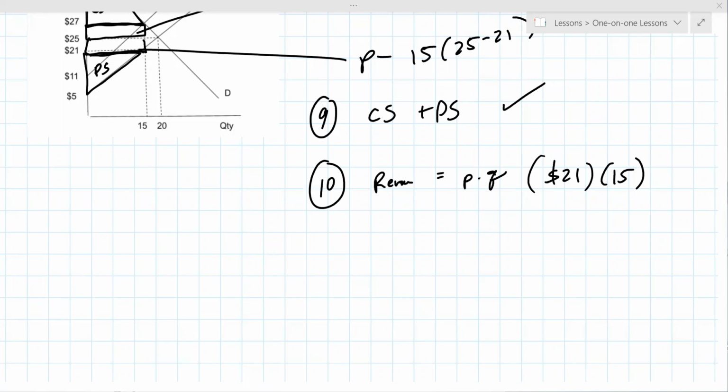Usually the graph is better for this. Not seeing anything. Seeing a lot of non-economic things.